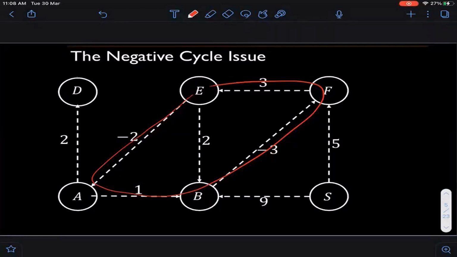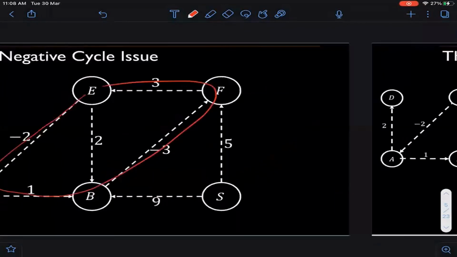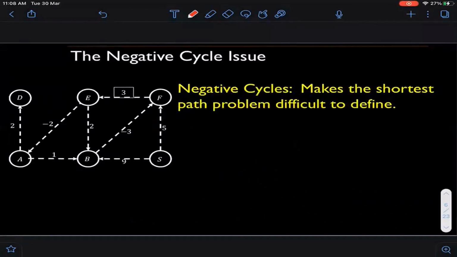Exactly, right? So the issue is the following: if there are negative cycles in my graph, then the shortest path problem is even hard to define now, because effectively some of the distances might become minus infinity. The shortest path from S to some vertex can potentially become minus infinity. In fact, if you think about the vertex D here, I claim that the shortest path length is actually minus infinity.